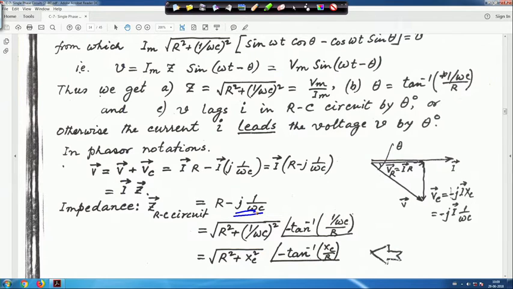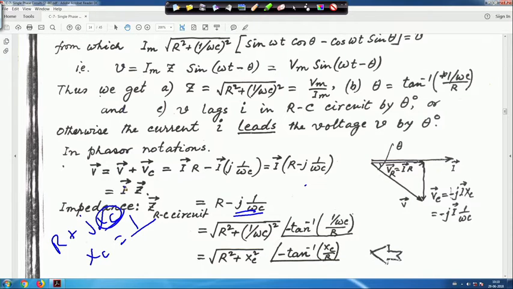Sometimes we write R plus jXc. In that case, you would have to take the Xc value as negative.